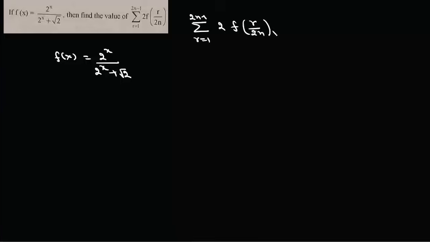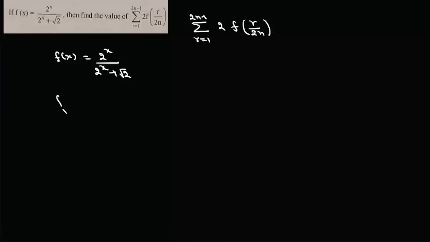Now here the question is, we are given this function f(x), which is 2 to the power x upon 2 to the power x plus root 2, and we need to find this summation. Summation r varies from 1 to 2n minus 1, 2 times f(r by 2n).